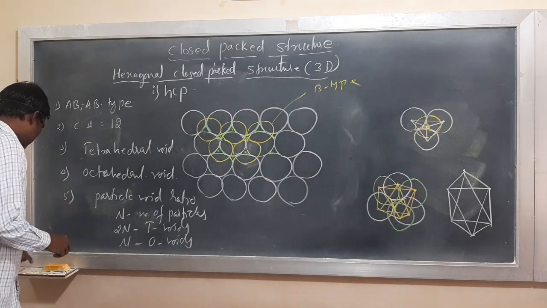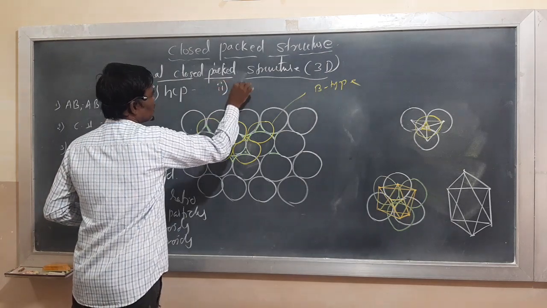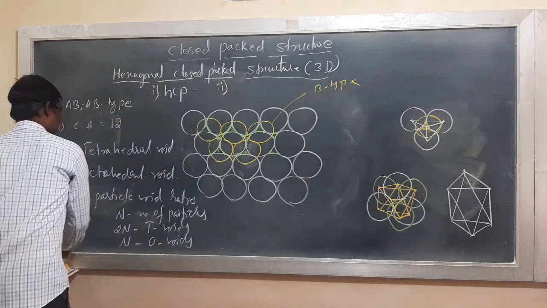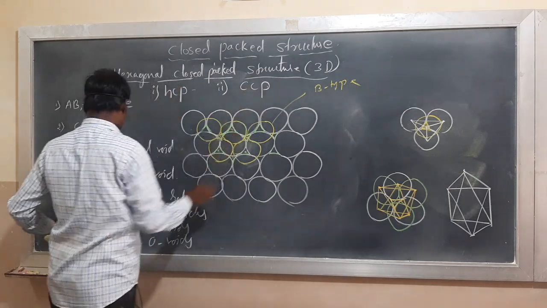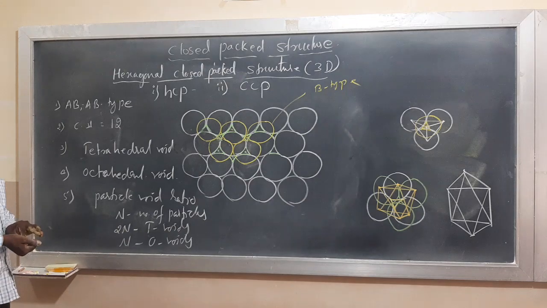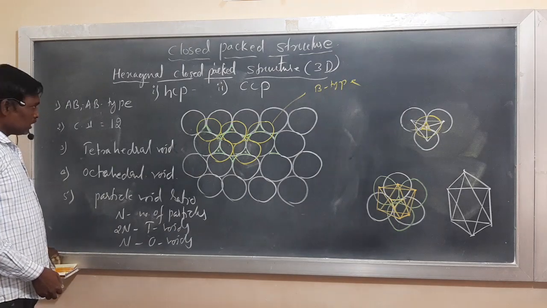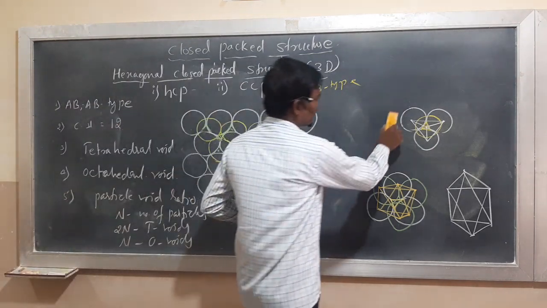Similarly, there is another type of close packing structure. The second one is called cubic close packed structure, in short we write that as CCP. In cubic close packed structure, it is also the same, only the arrangement changes. So in cubic close packed structures, the arrangement is an ABC type.